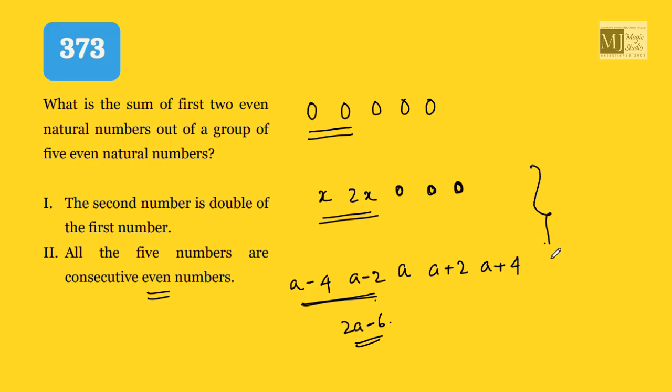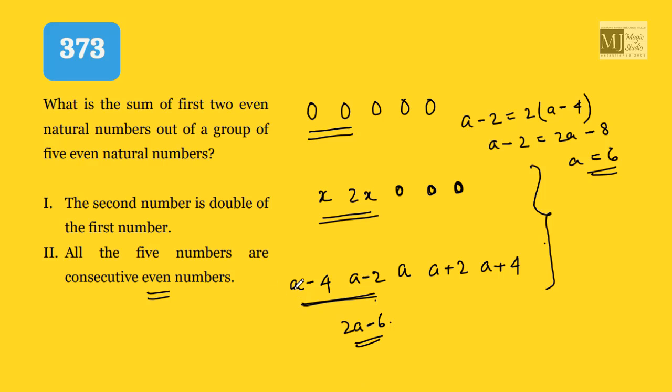But if I combine these two, and if I know that the second number is double the first one, that means the second number is double the first one. A minus 2 is 2a minus 8. I'll get a equals 6.